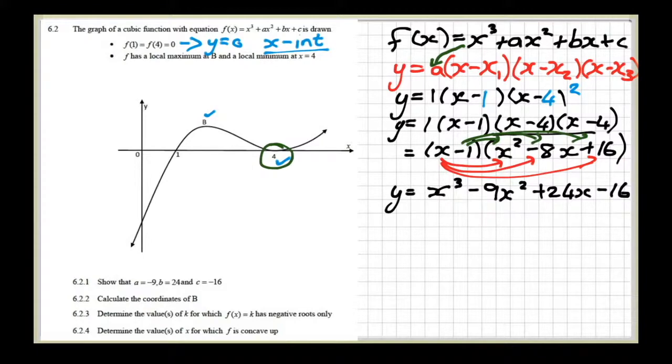Now if you look carefully, a was what was in front of the x squared, so that means it's negative 9. b in the formula was what was in front of x, 24. And c is the constant, which is negative 16. Oh my goodness! I've proven what they wanted me to prove.